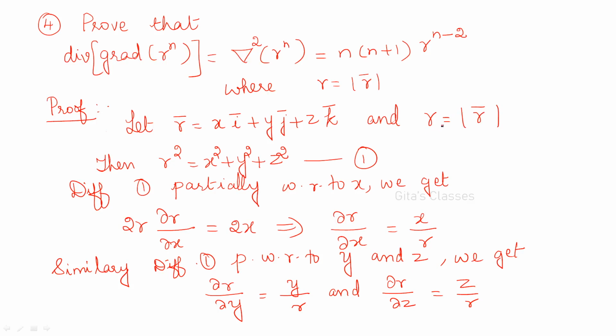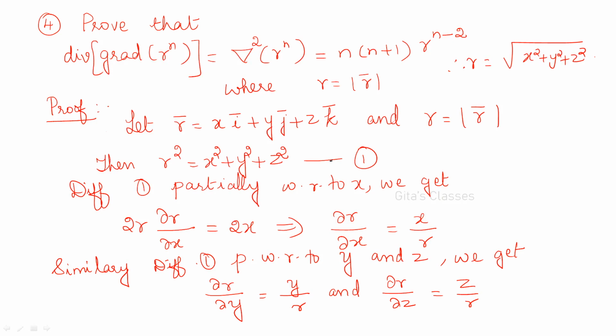It is denoted by r. Therefore, what is r actually? r is equal to root of x squared plus y squared plus z squared. Squaring on both sides, r squared is equal to x squared plus y squared plus z squared. Let it be equation number 1.